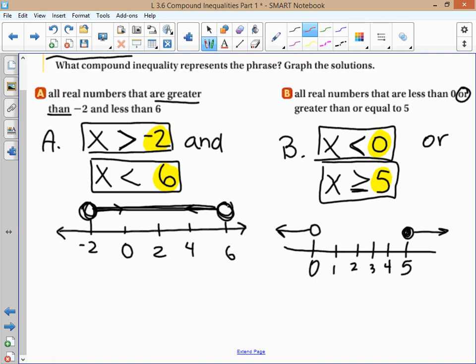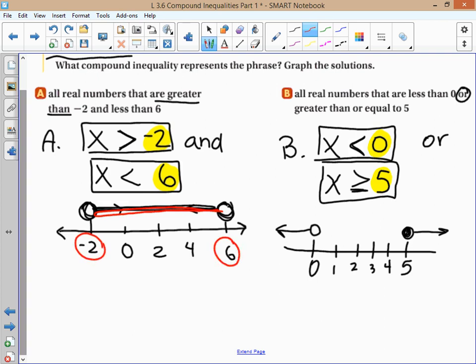Now, if you go back to example A, this graph of X is greater than -2 and X is less than 6, what you have is a description of all the numbers that are between -2 and 6.